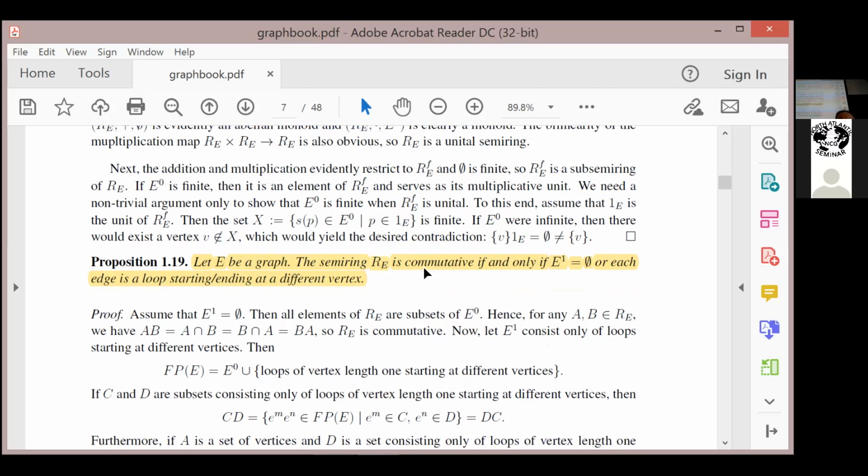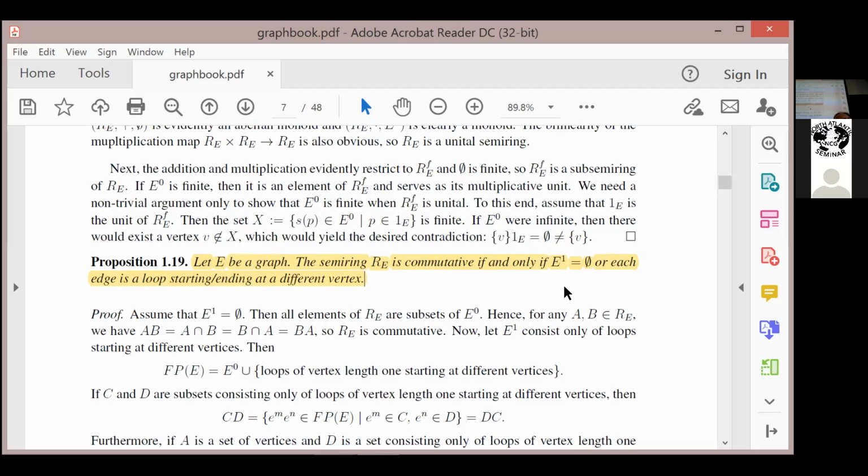Okay, so the claim is that the semi-ring RE is commutative if and only if the set of edges is empty, or alternatively, each edge is a loop starting and ending at a different vertex. So in other words, you can have as many vertices as you want, and then the only edges are loops.